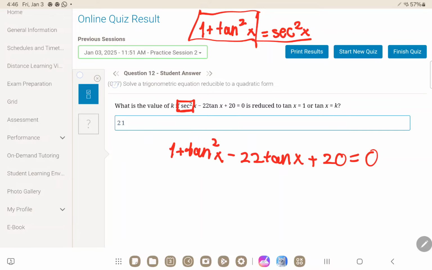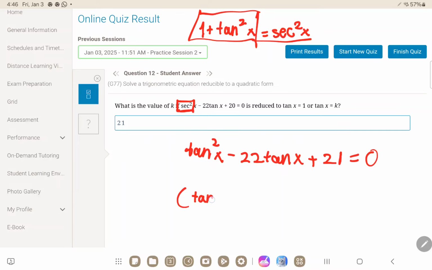Now we need to put like terms together, so I'm just going to remove this from here and replace this with a 1. Imagine that there's no tangent, it's just x. Imagine you're working with a normal letter, like x or y, don't think of it as tangent x. So what you do is, you factor it.